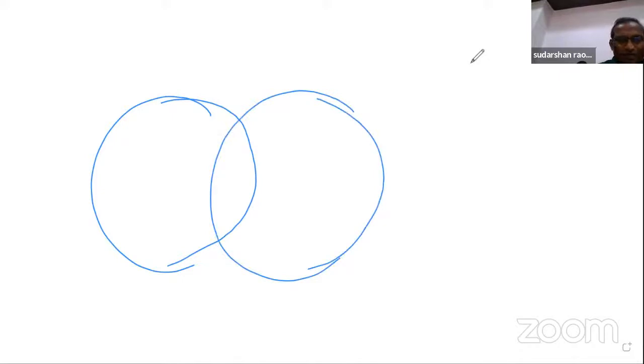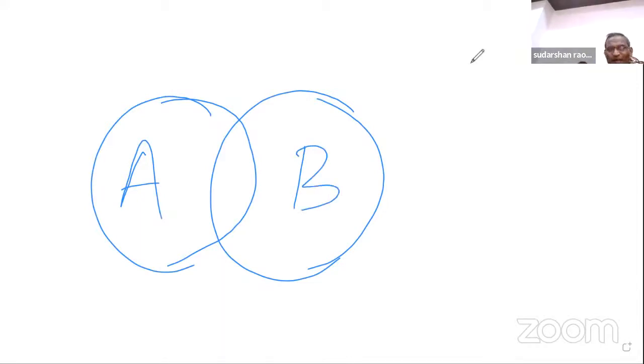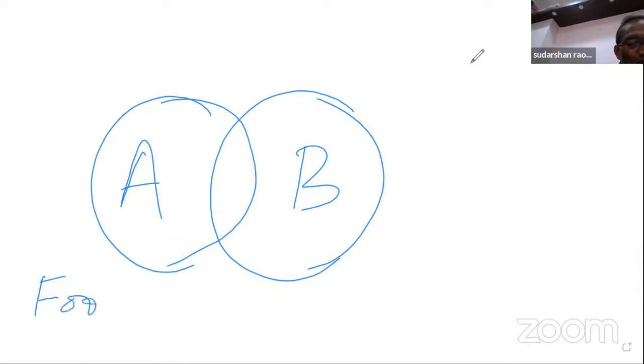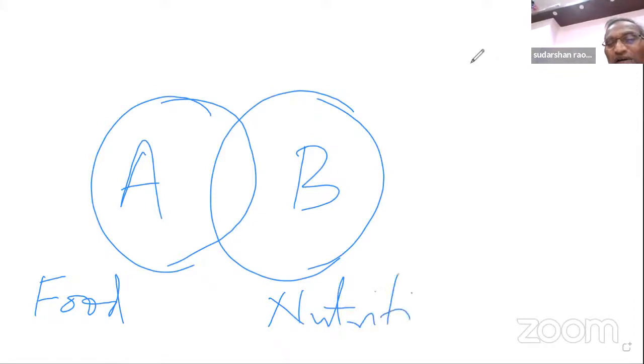Okay, let me say this is A word, this is B word. Now A word, let us say, is food. B is nutrition.